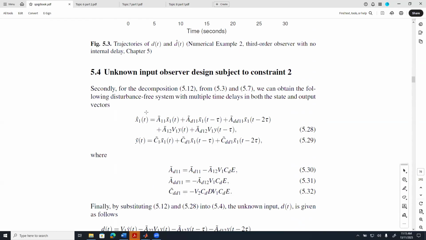So it's just like in this constraint here in section 5.4 of our chapter 5, we got this time delay system with multiple delays.